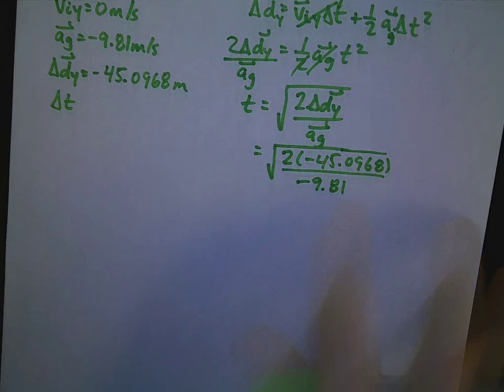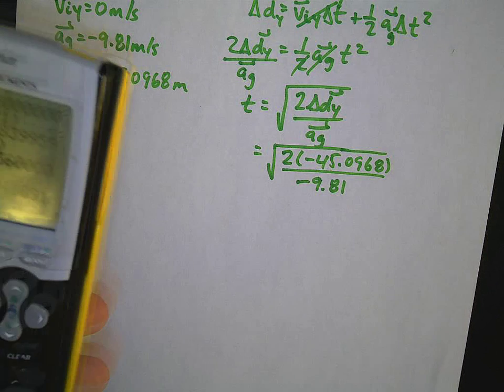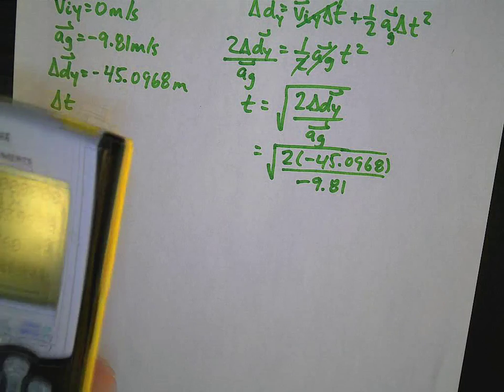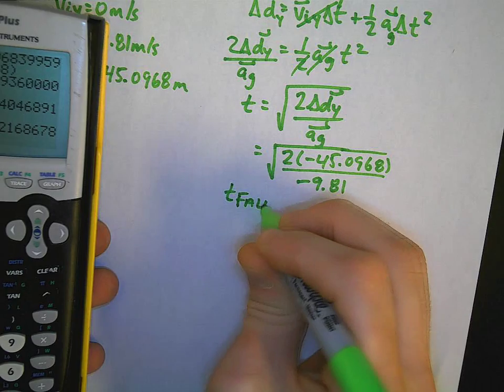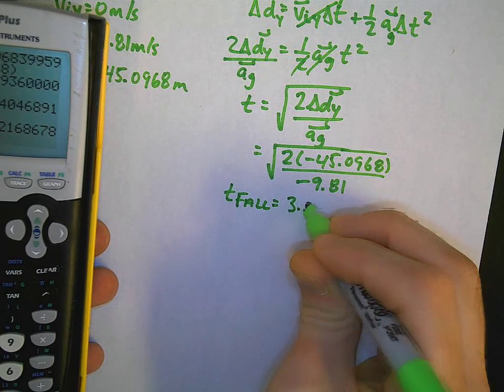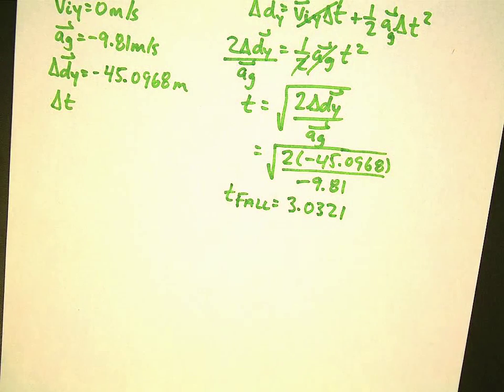If I take 2 times negative 45.0968, I'll divide that by negative 9.81 and square root. You get the time during the fall portion is 3.0321. So it took 3 seconds to fall and 1 second to rise.